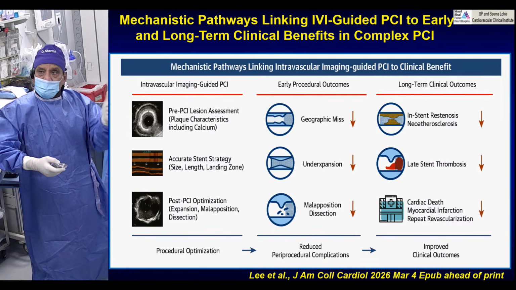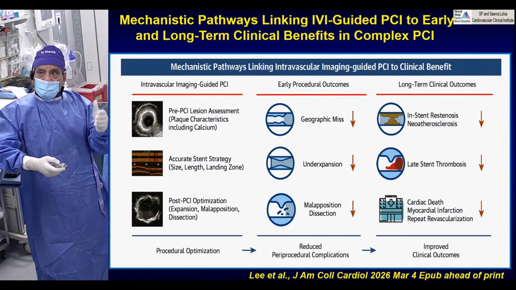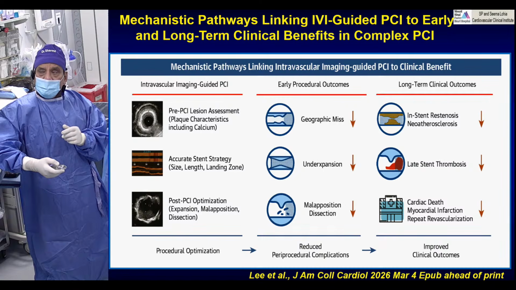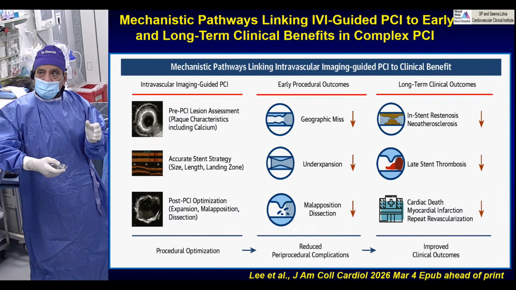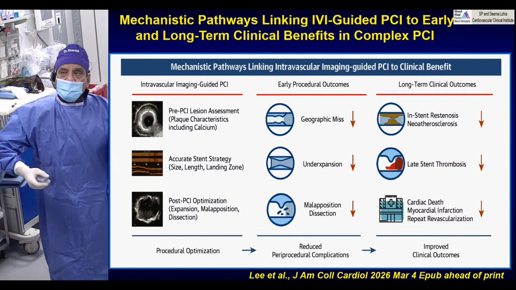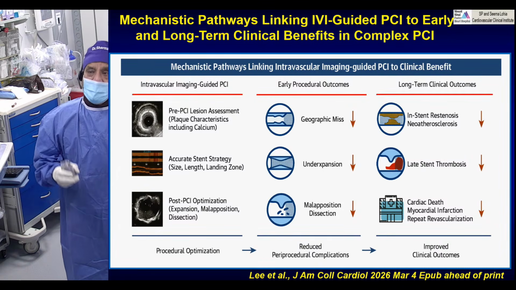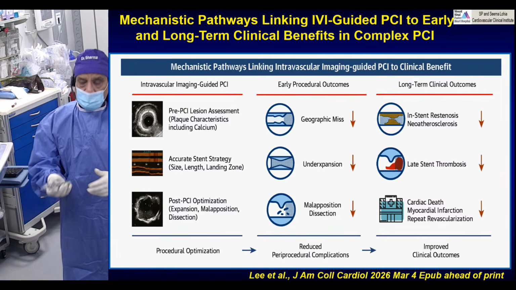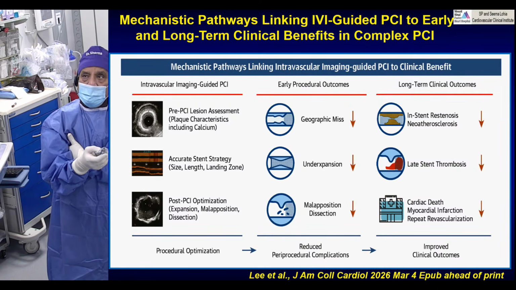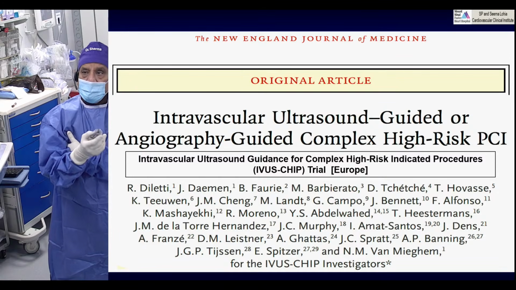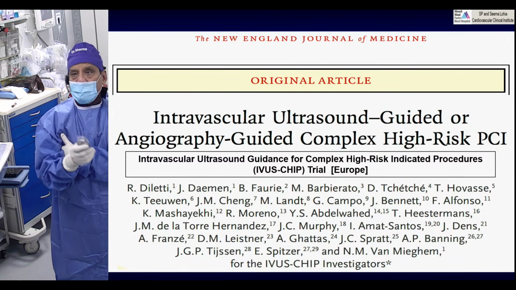You have less stent thrombosis, geographical miss is not there, dissection is not there, underexpansion not there, and then long-term clinical outcome, which is ISR, neoatherosclerosis, late stent thrombosis, and other MACE points. So this is very nicely depicted, the mechanistic importance of when we do the imaging and the benefit in the long term. So with that background, I want to show you 2 and 2 trials.